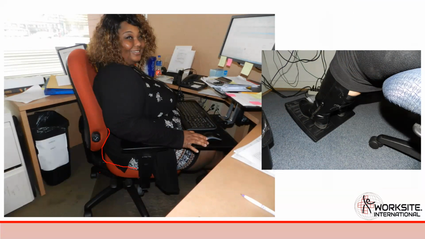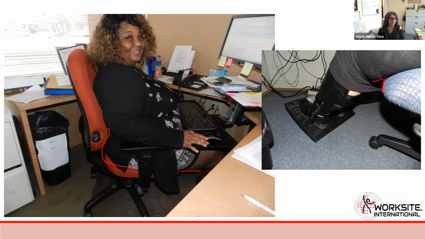You can see here I've slid the seat pan all the way out, but she still has a lot of space here. And so we've engaged a footrest. And similar to this person, both of these women have very similar shapes. And so adding the footrest can help reduce some of the pressure and contact stress that might occur even with the rounded edge, or what we call the waterfall edge here.